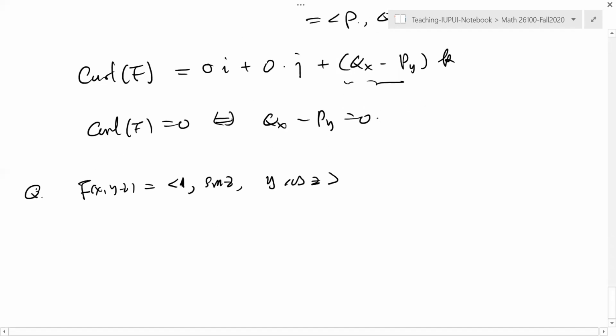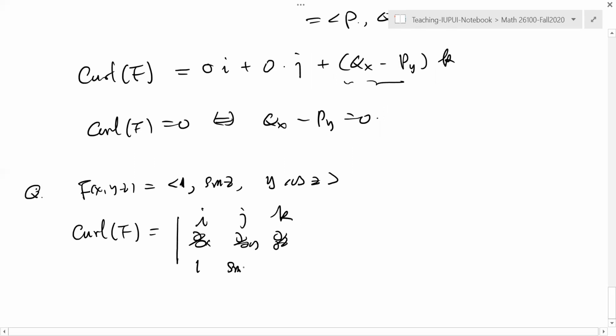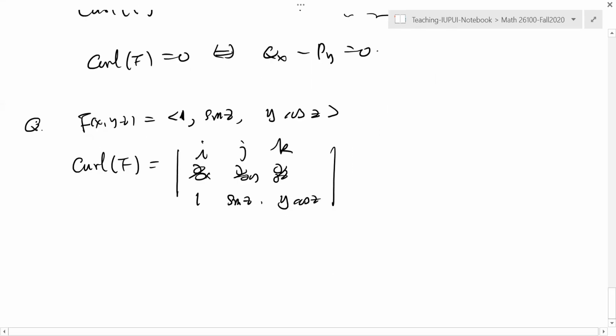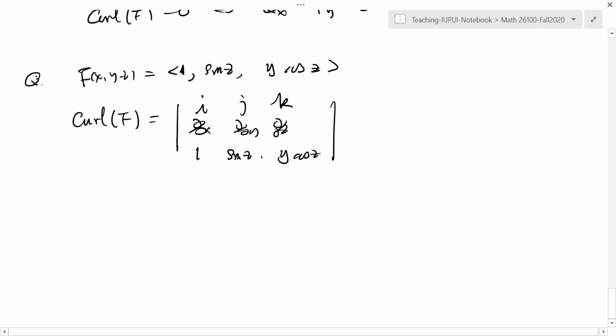Again, we have to use ijk, unless you already memorize all three components: 1, sine z, y cosine z. Otherwise, we have to repeat this again.